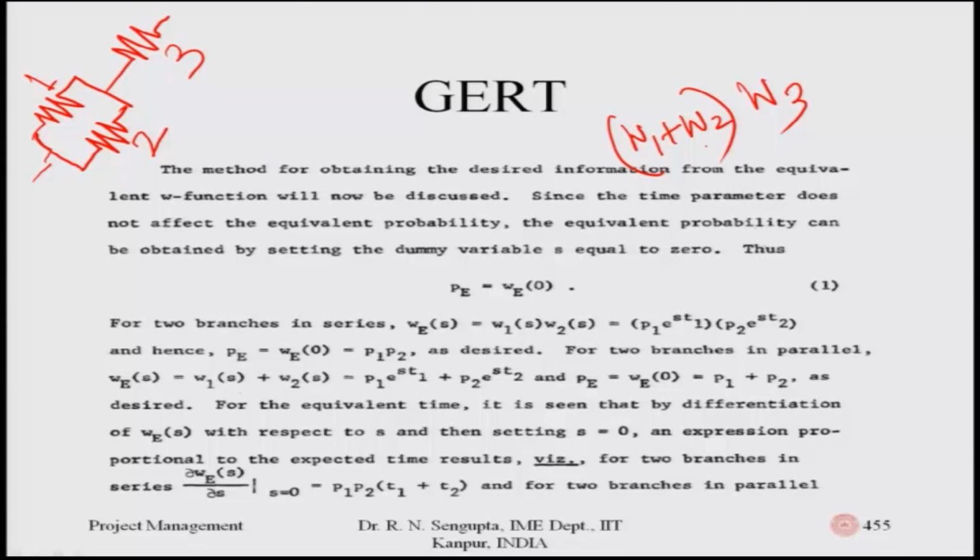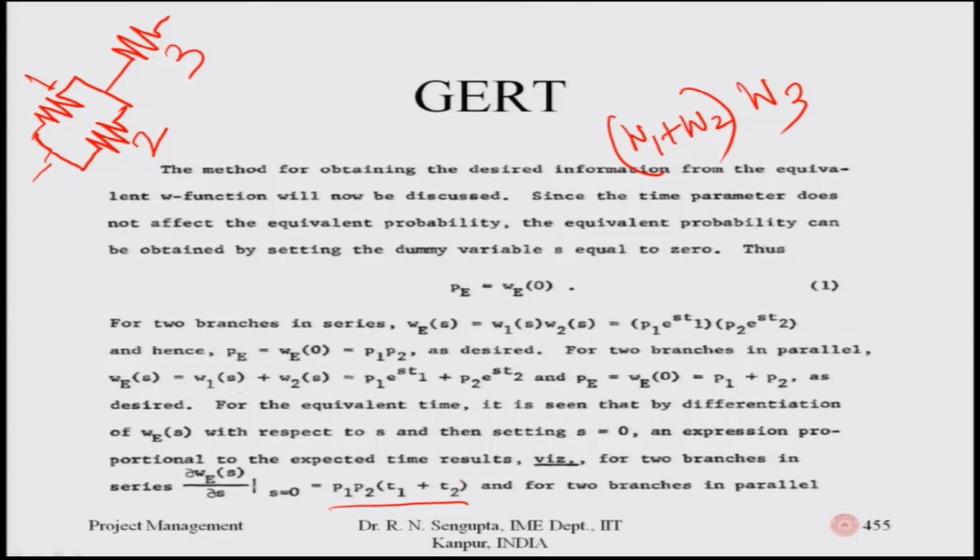For the equivalent time, it is seen that by differentiating the equivalent function W which you find out for whatever complicated network you have, with respect to s at 0, some expression will come. For two branches in series, when you differentiate, the expression which comes is P1 P2 in bracket T1 plus T2.